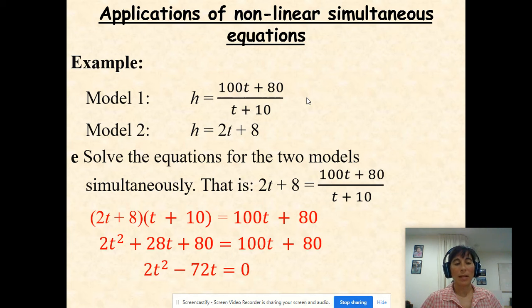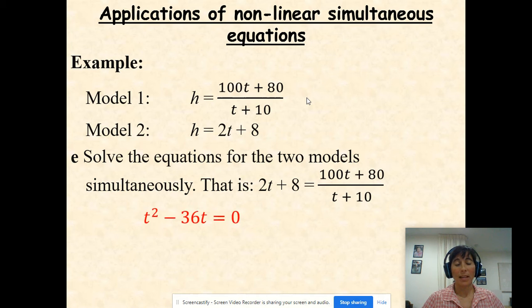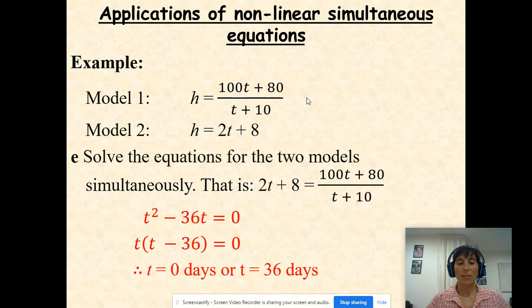So when we do that, we should find that we end up with 2t squared minus 72t equals 0. So there's a common factor in there of 2. Divide through. That gives us t squared minus 36t equals 0. Common factor of t we could factorise out. So that means if this equals 0, either t equals 0 days or t equals 36 days.